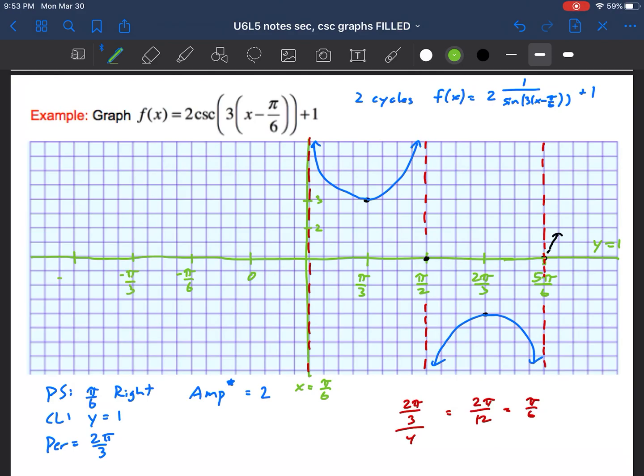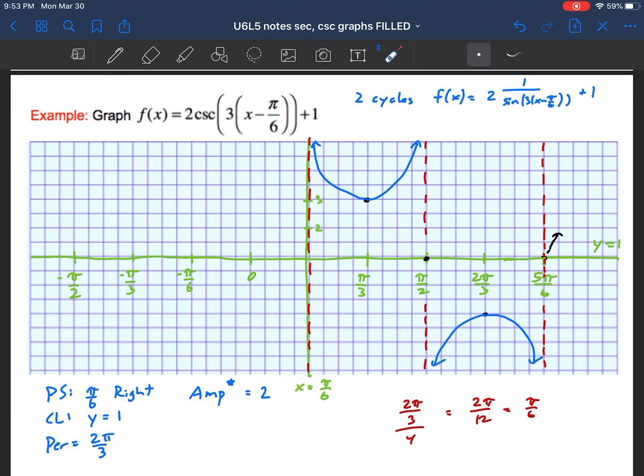And this is negative pi over 2. So again, if I check from pi over 6 to negative pi over 2, from here to here, well, that's a distance of 4 pi over 6, which is the same as 2 pi over 3.